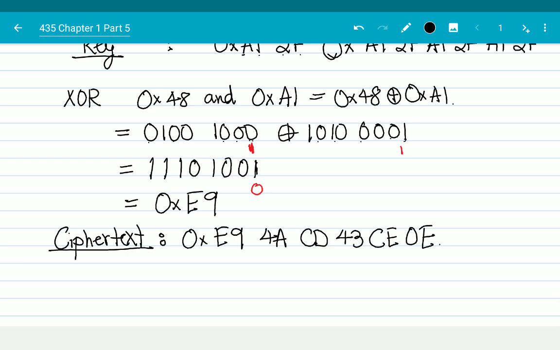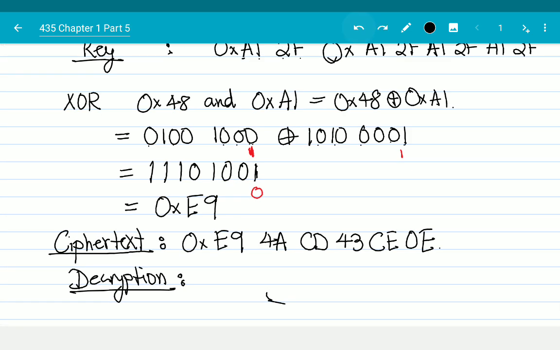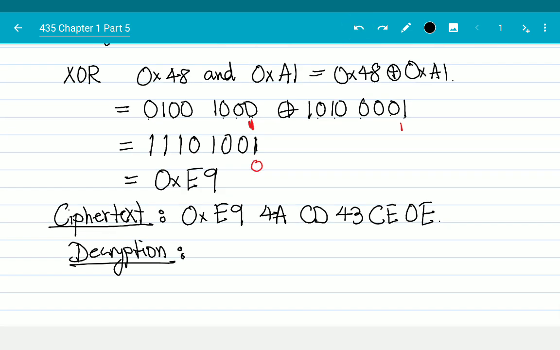To decode, you just do decryption: XOR with, again, the key, which is going to be 0x, what was my key again?